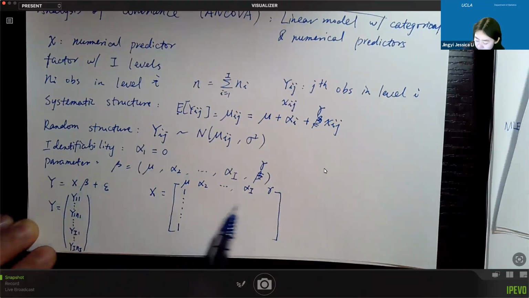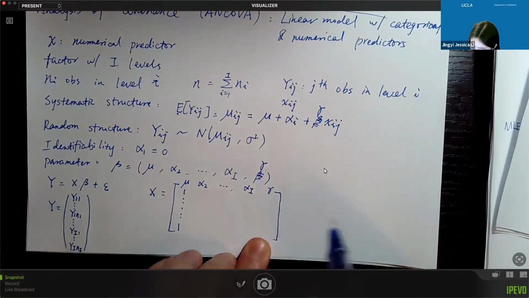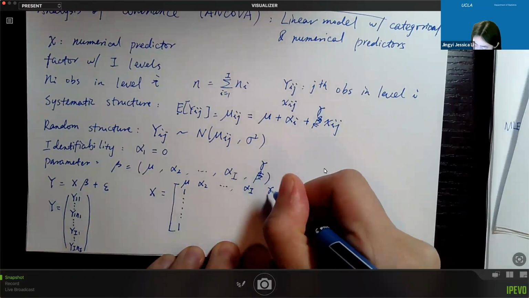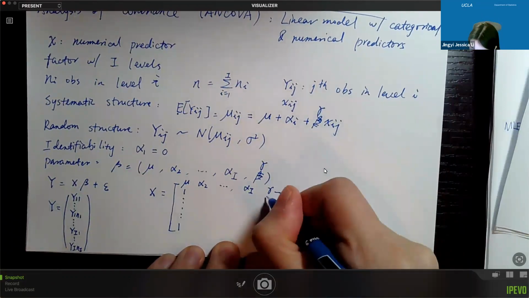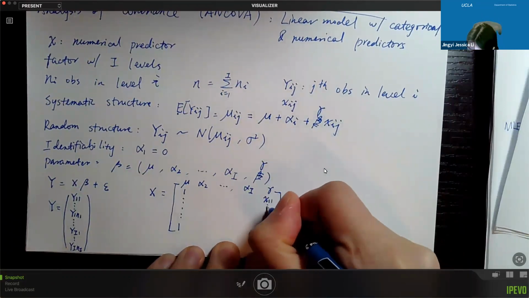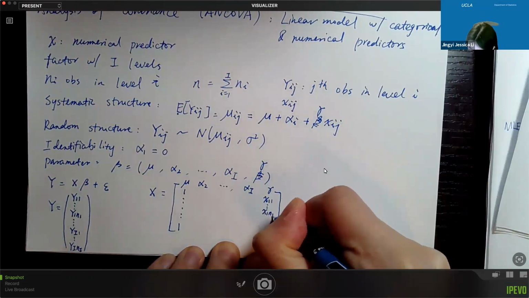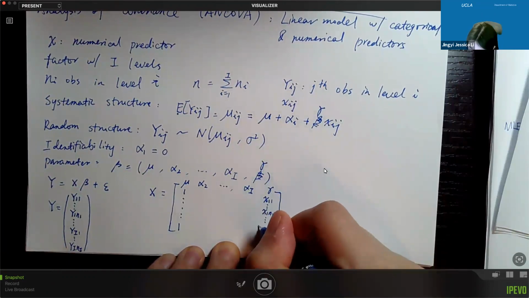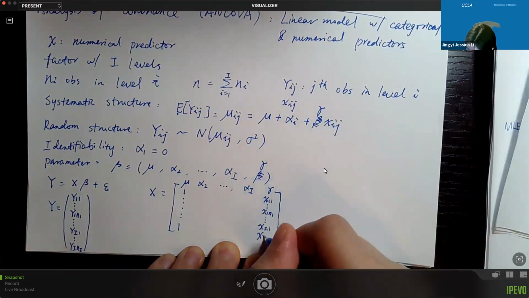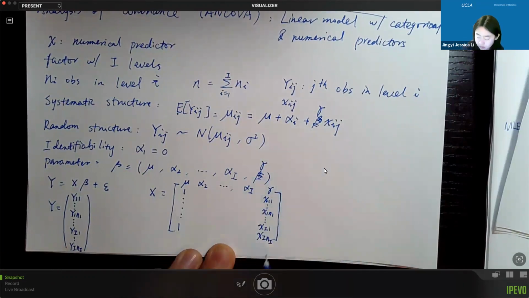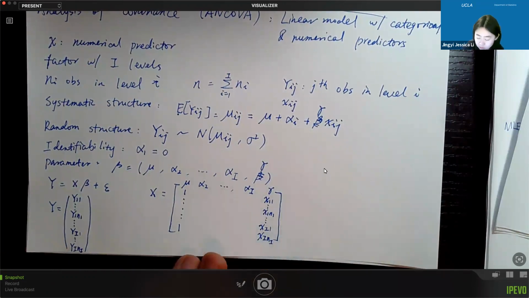So the rows of X will correspond to the entries in the response. So therefore, in the gamma column for the numerical predictor, we have X11 to X1N1, and the last level, XI1 to XINI.